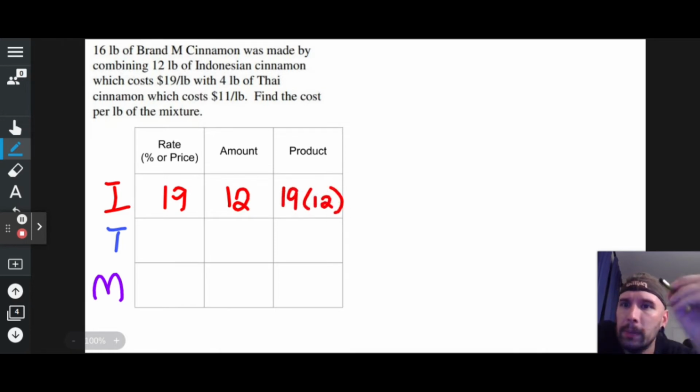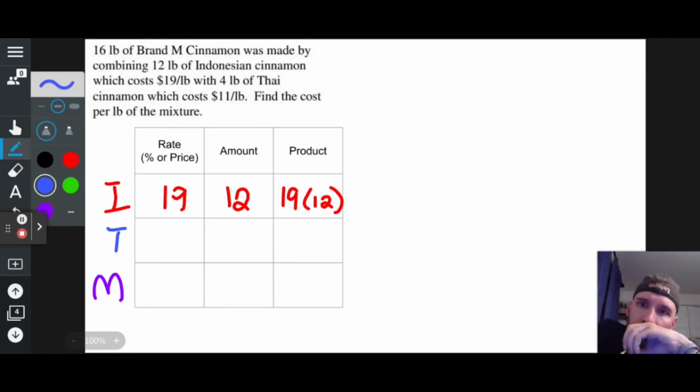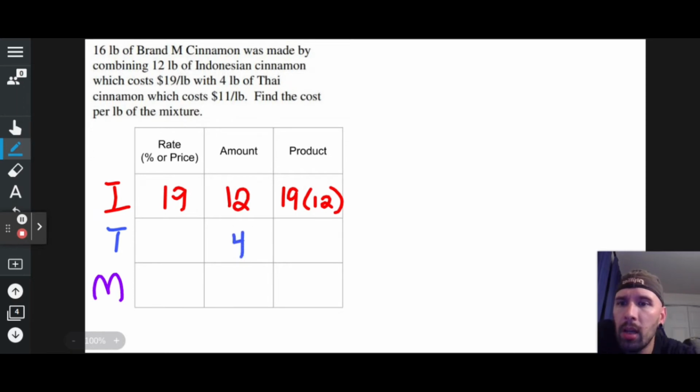All right. I've got the Thai cinnamon, which is 4 pounds of that, $11 a pop, which is 11 times 4. That's math I can handle.